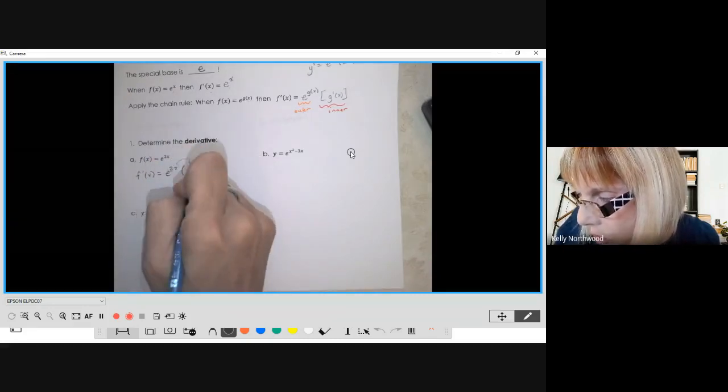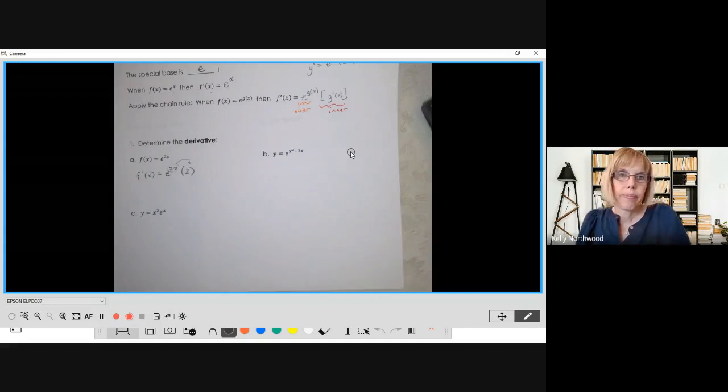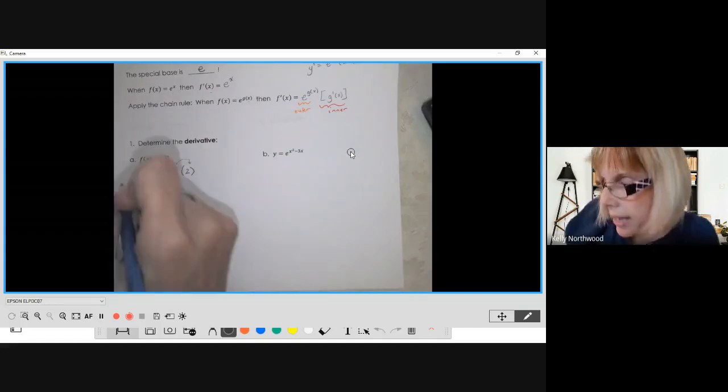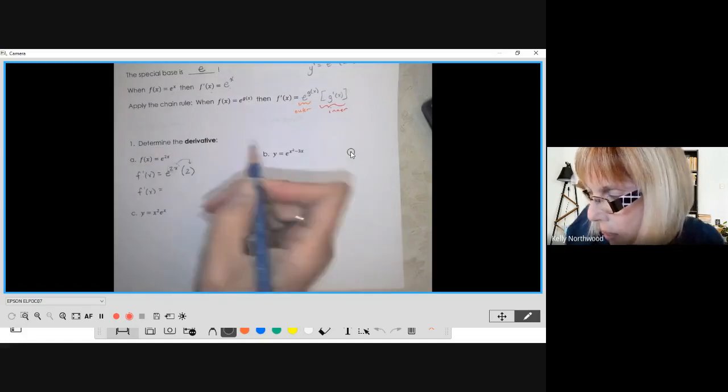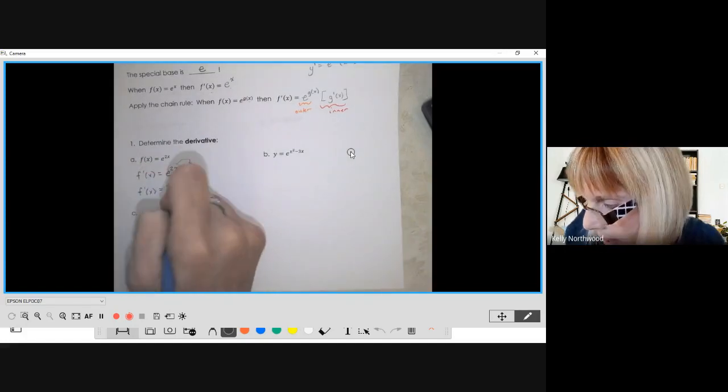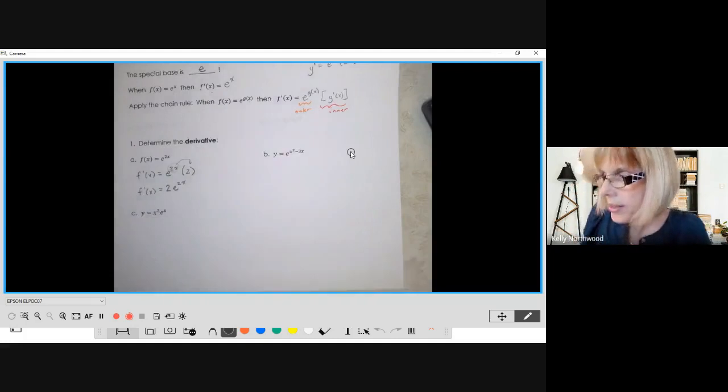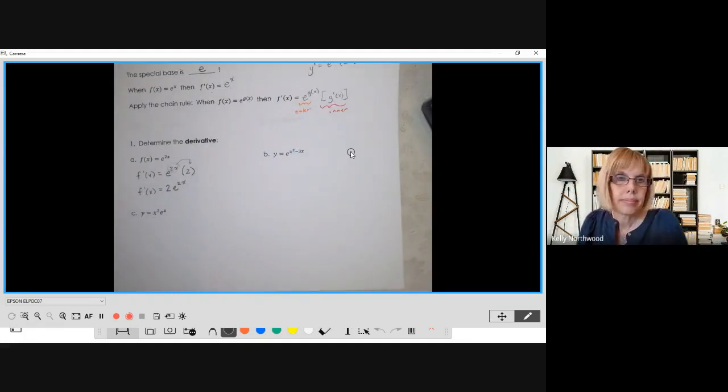Derivative of 2x is 2. And then you can write that nicer as f prime of x equals 2e to the 2x. Any questions for that one?